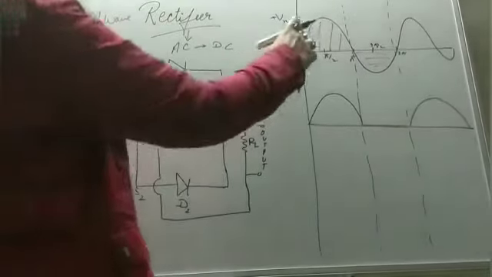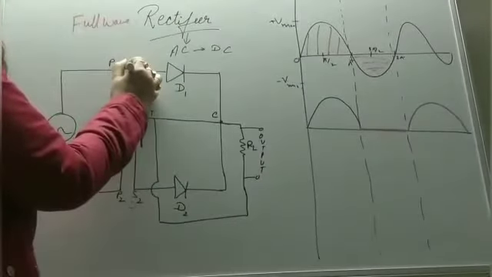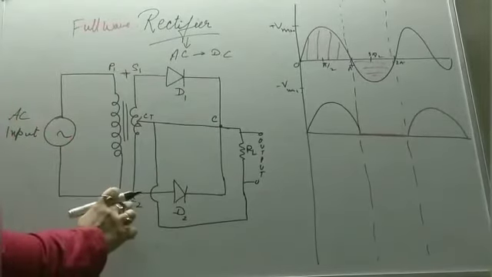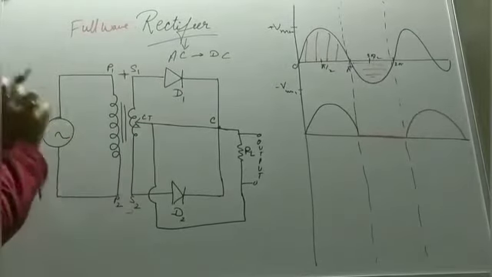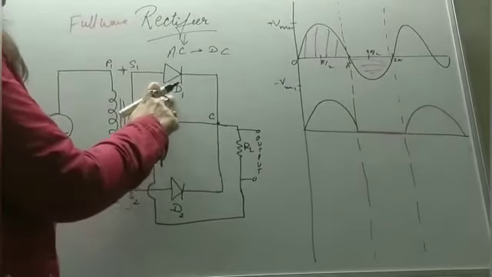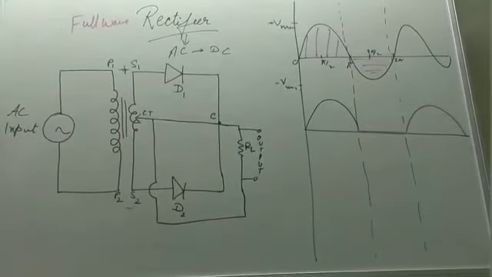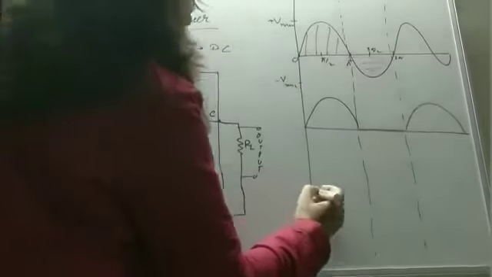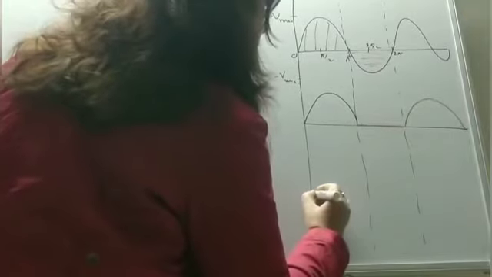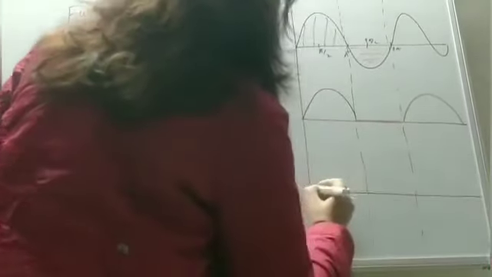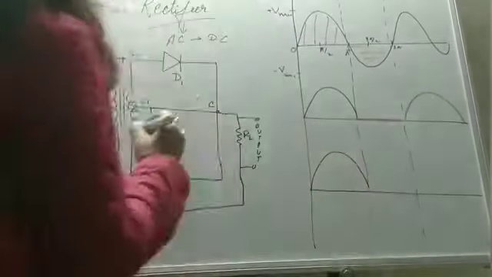In the first positive half cycle, this one is positive and this is connected to negative. That means diode D1 is forward biased and diode D2 is reverse biased. So what will be the waveform over here? Yes, we are getting this waveform.